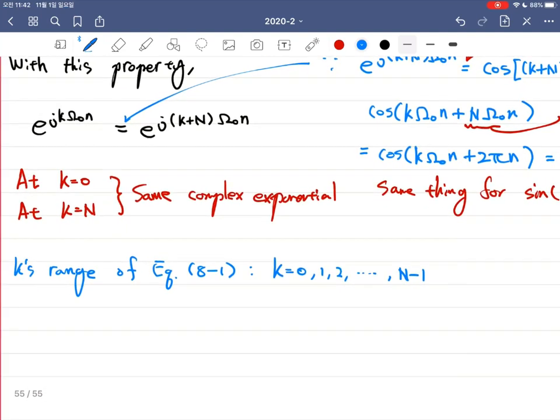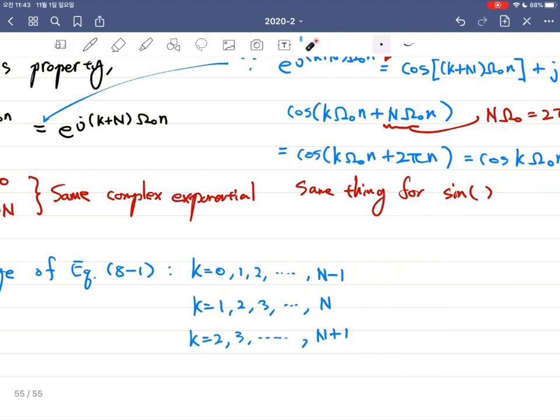Also, if you start the summation k from 1, then you should stop at large N, the period of this periodic exponential. And of course, you can start with 2. It's your choice, but you have to finish at N plus 1. So how many numbers do you need for the summation in equation 8-1? You should have large N of them.